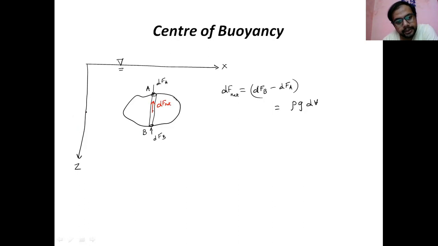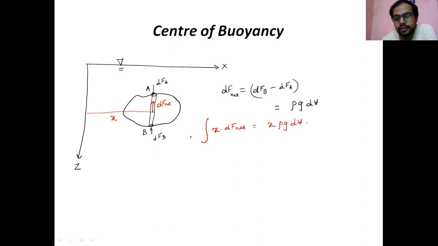And the distance from where it is acting is X. So the moment due to the force will be X into DF net, that is X rho G, the moment due to the buoyancy force about the Z axis.